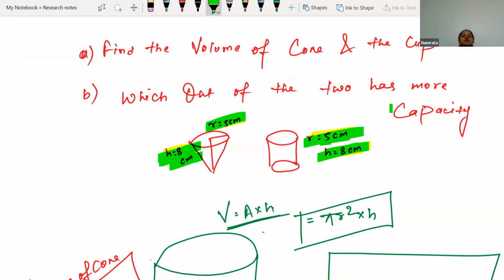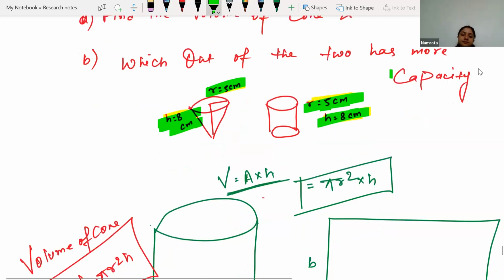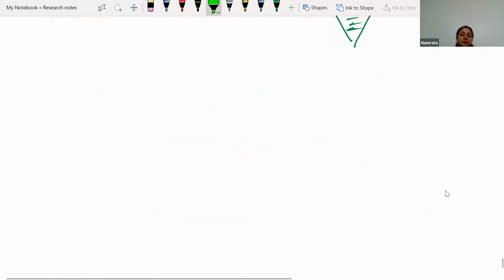However, for this very easy, simple question, you can just apply the volume formula and check which one has more volume. That one has more capacity. Okay, let's move ahead.